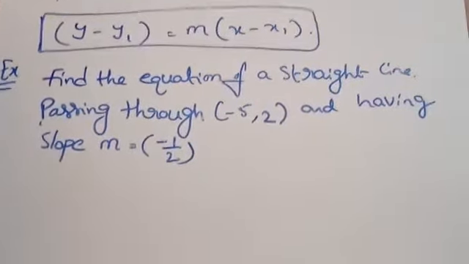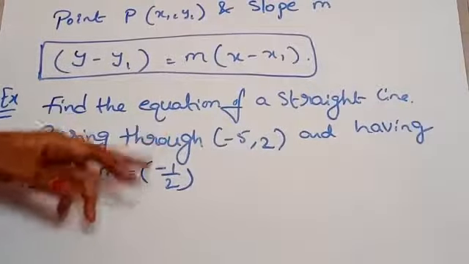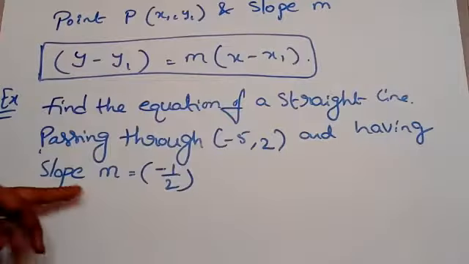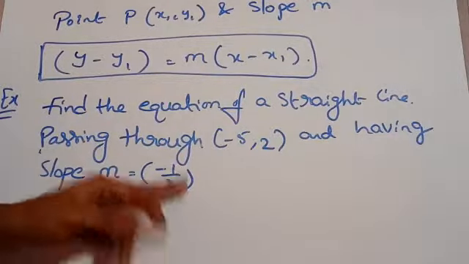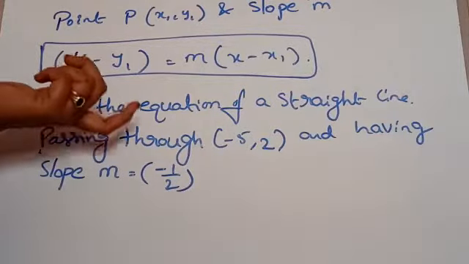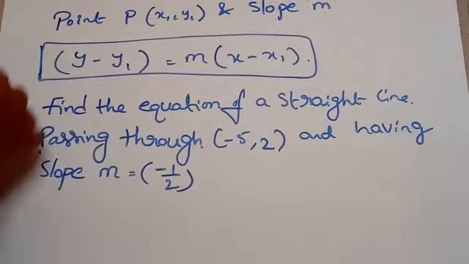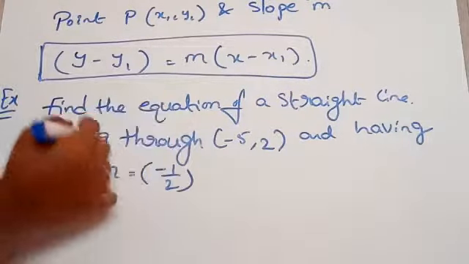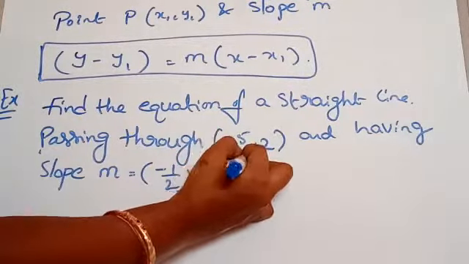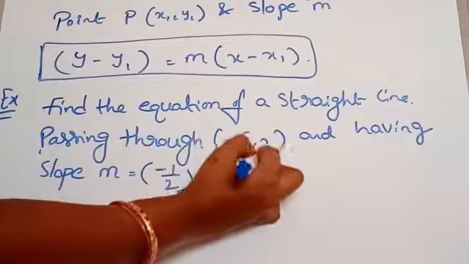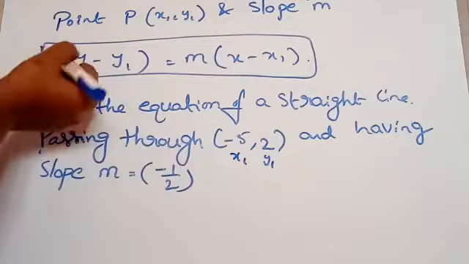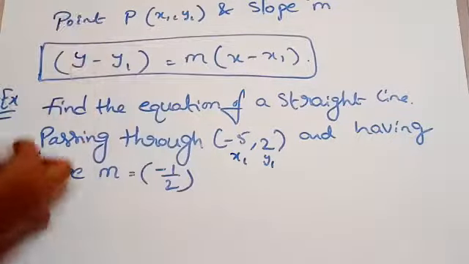This is the problem. Here the point is given, that is -5 and 2, and the slope value is also given. Now we find the straight line equation. The formula is y minus y1 is equal to m into x minus x1. Here this is the x1 and this is the y1, this is the point, and m is -1/2. Substitute these values in the formula.